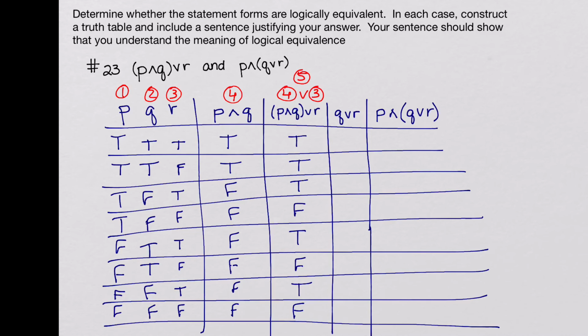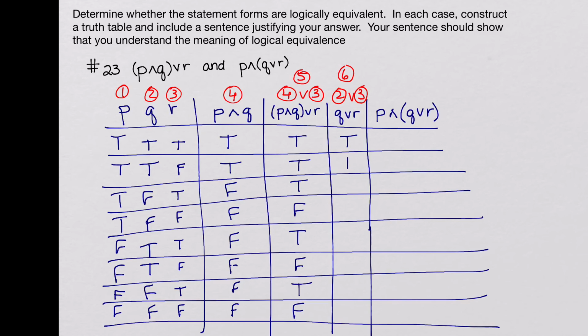Now for Q or R, now we're taking columns 2 and 3 and combining them with OR. This will form column 6. All right, so 2 or 3. So again, this is an OR, so if there's any truth in it at all, it's true.